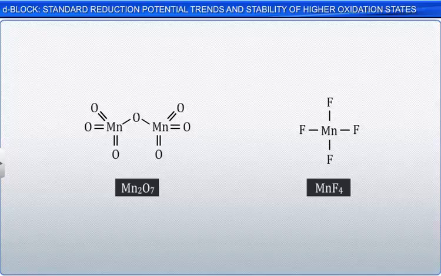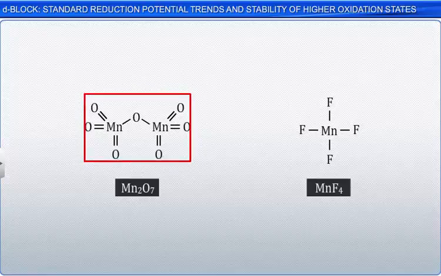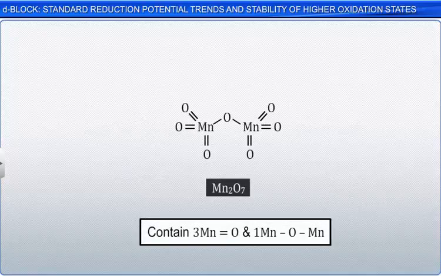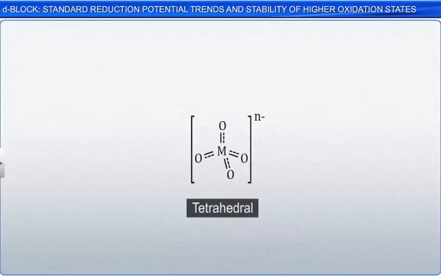In this compound, each manganese atom is surrounded by 3 doubly bonded oxygen atoms, including an Mn-O-Mn bridge. Similarly, oxygen also forms double bonds in the tetrahedral MO4 n- ions, known for vanadium 5, chromium 6, manganese 5, manganese 6 and manganese 7 ions.